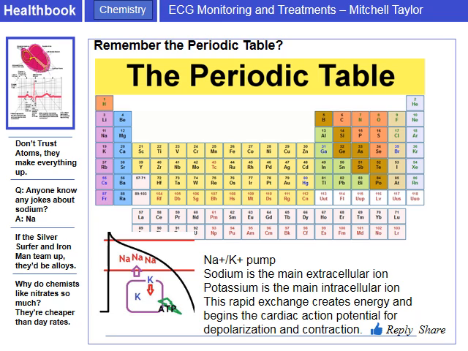Why do chemists like nitrates so much? They're cheaper than day rates. Well, nitrates do apply to this because patients having heart attacks many times will get nitrates. So anyway, I just wanted to throw a little humor in there. I know we don't want to do too much of that. It's okay, you can stop laughing. Okay, we'll move on now.